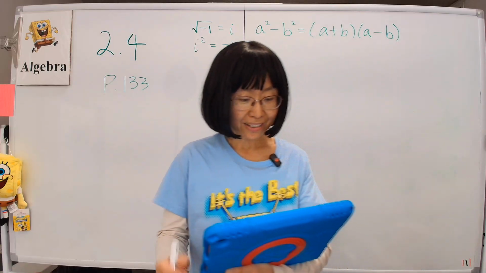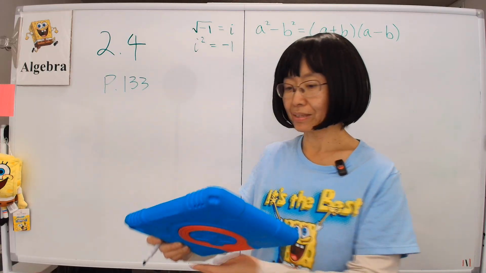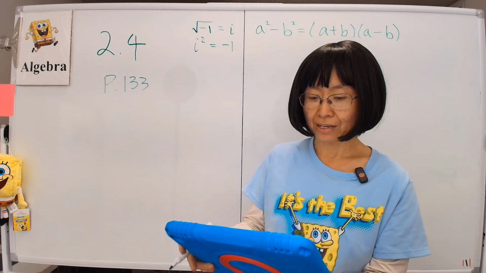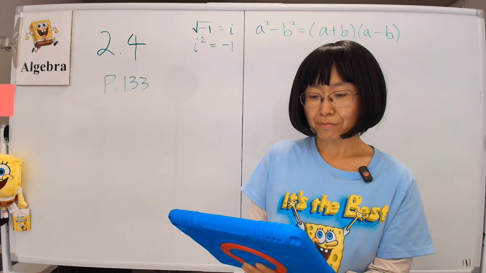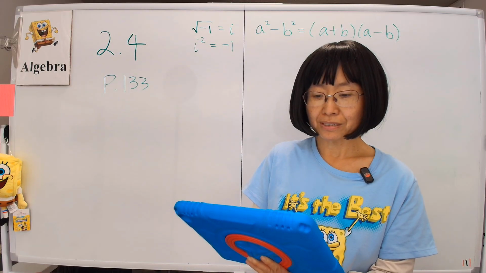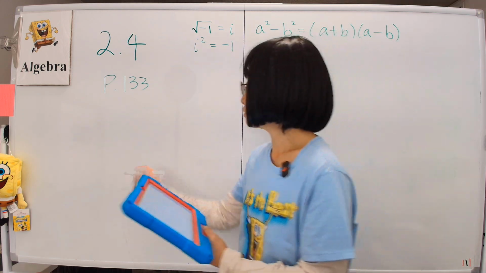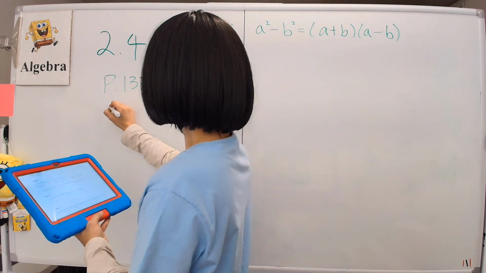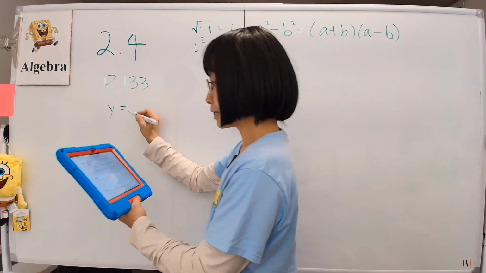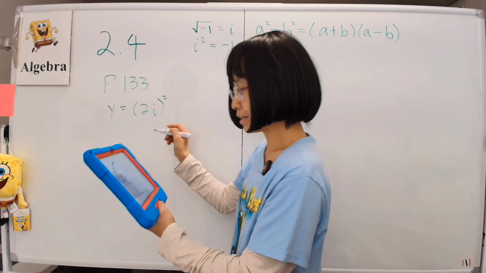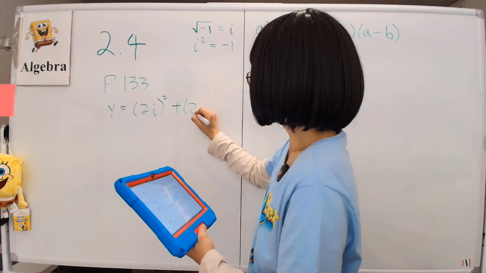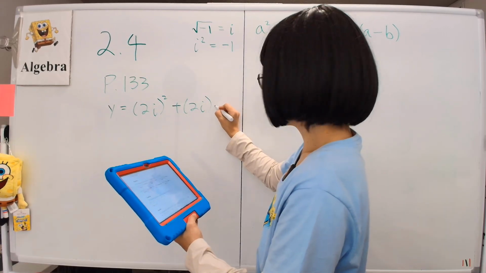So now that you're done with your homework, let's talk about it. First, let's look at problem 5. If y is x squared plus x minus 4, and x is 2i, we need to calculate what y is. So y equals x squared, which is (2i) squared, plus x, 2i again, and then minus 4.